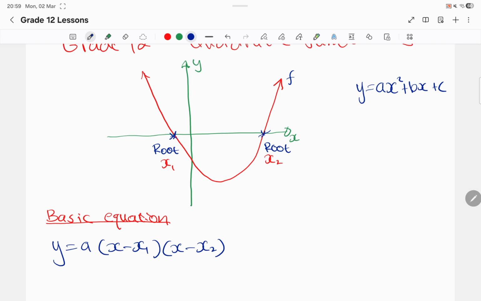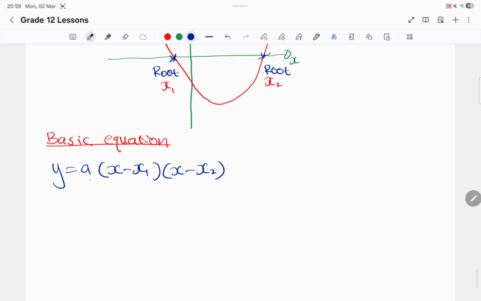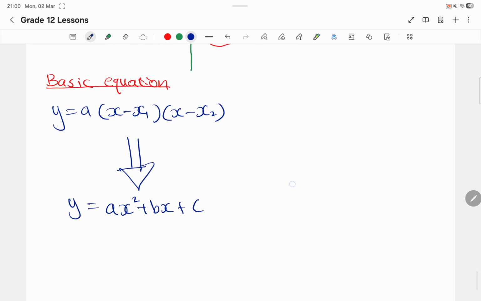After multiplying this out, and if you know the value of a, this will produce the quadratic equation in the form y equals ax squared plus bx plus c.